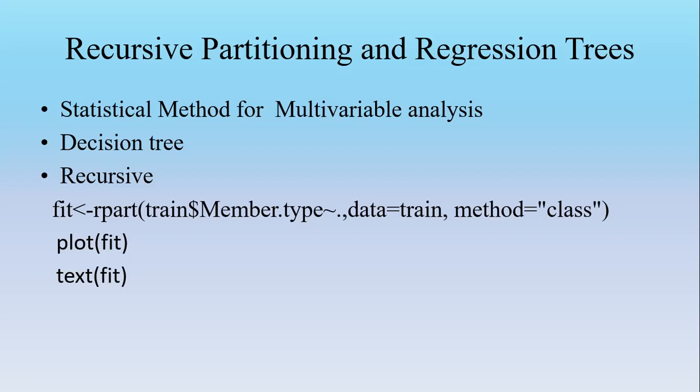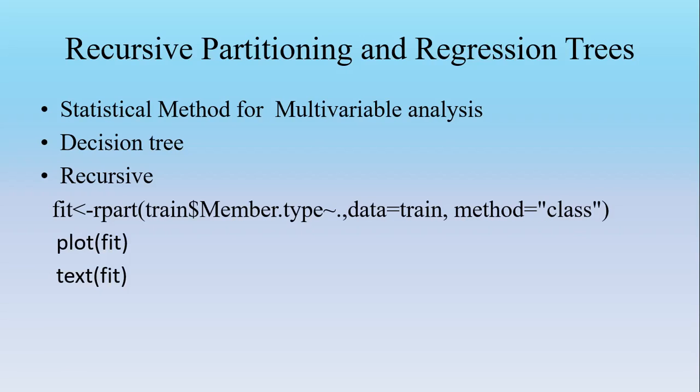Here in rpart we have the formula. The data specifies the data frame containing the attributes mentioned in the formula, and in the method we define the class. For a classification tree we use "class", and "anova" for a regression tree.